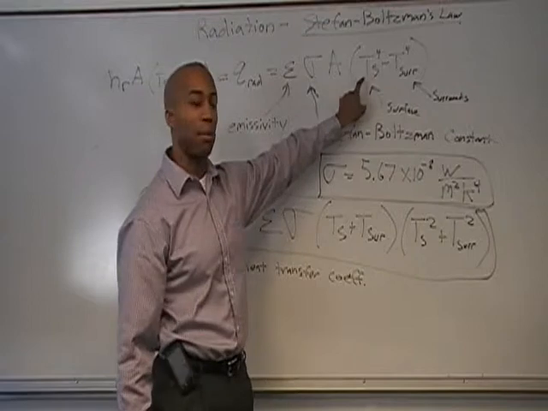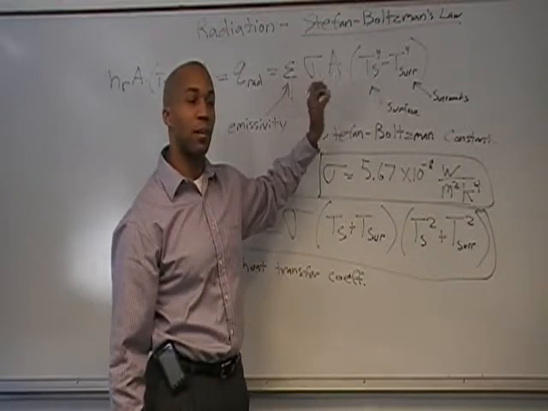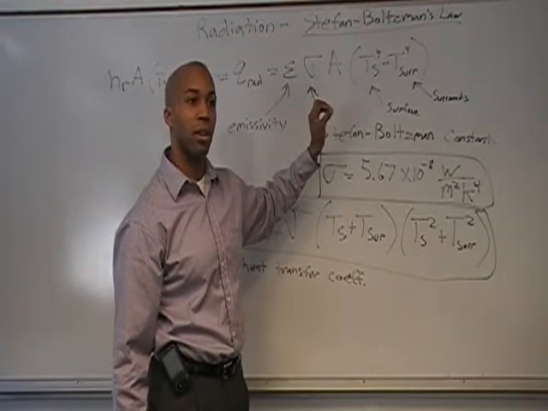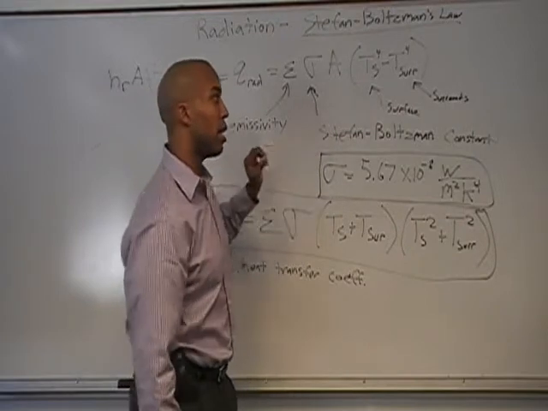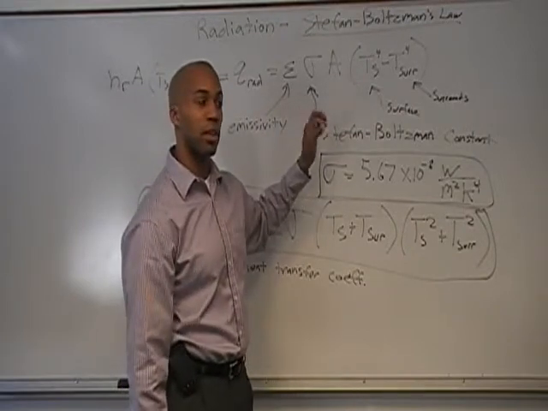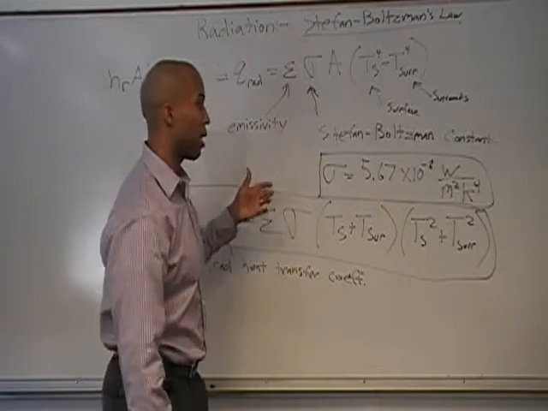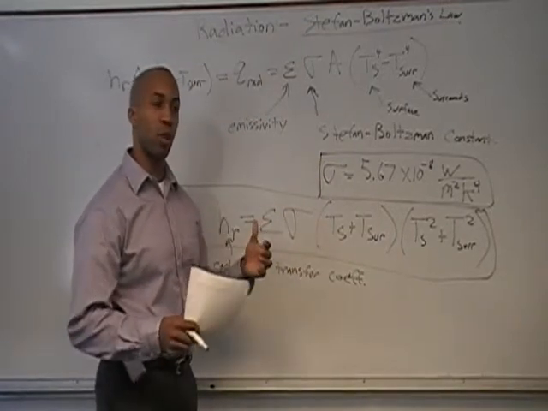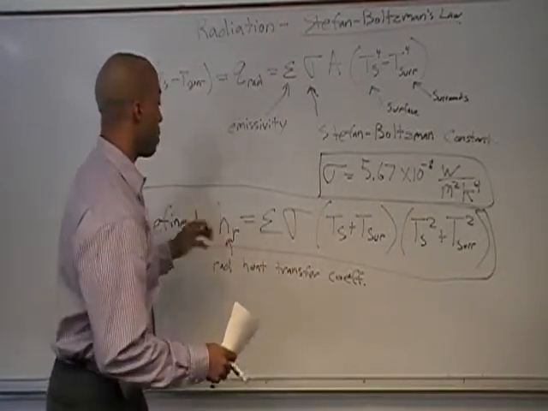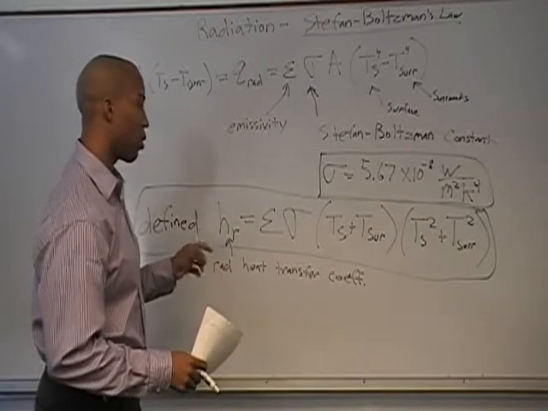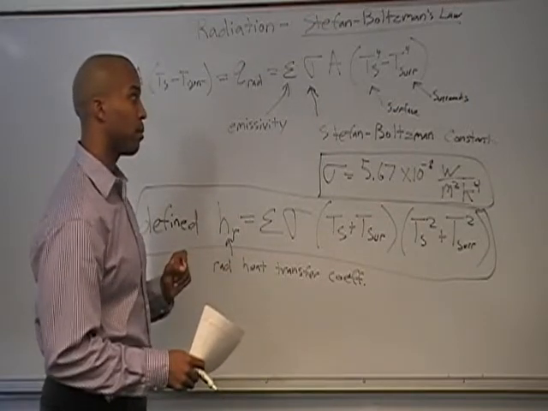Because you have the difference of temperature to the fourth power, when you solve these problems, they're nonlinear. So in the attempt to linearize them, and the importance of this will show up later in the course, we define this radiative heat transfer coefficient.